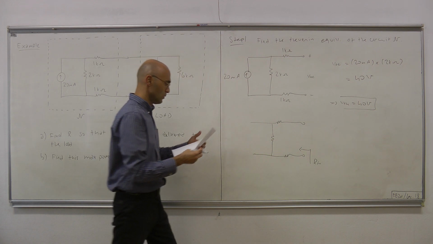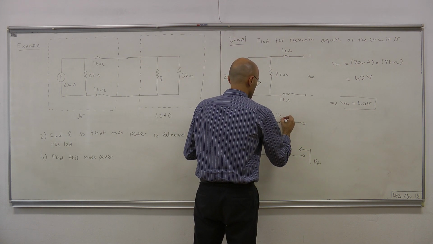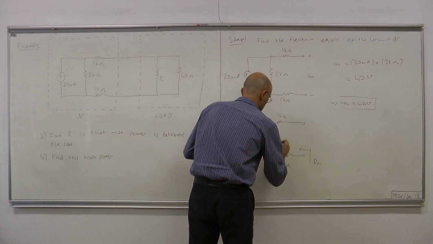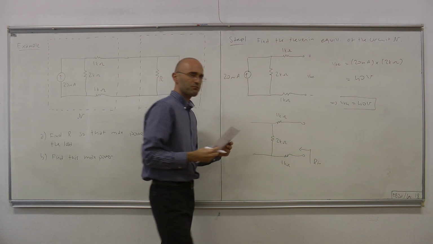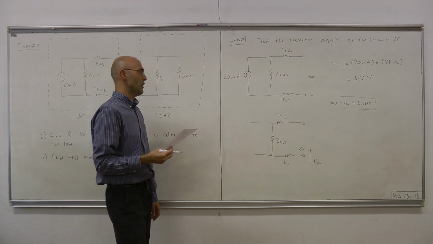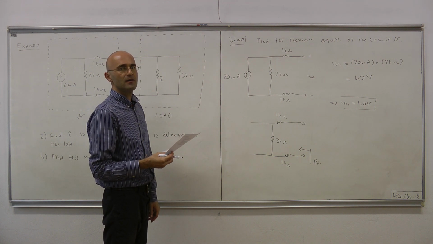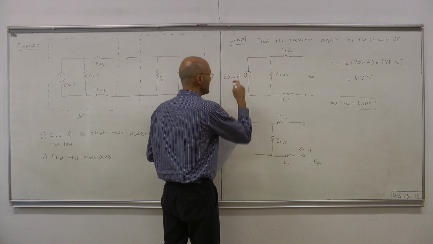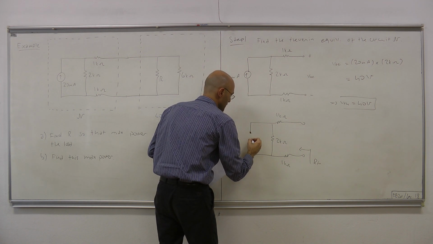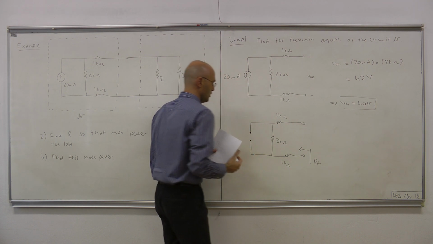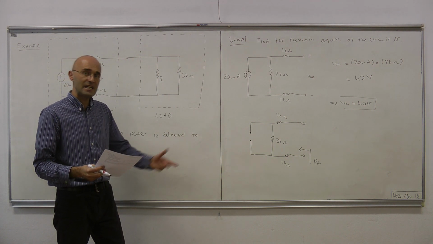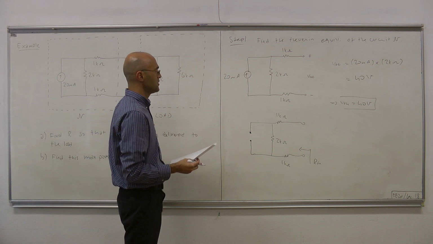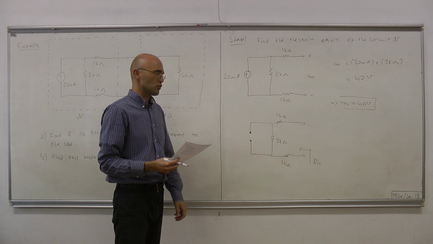Thevenin resistance equals the input resistance when all the independent sources inside the one port are killed. We have only a single independent source, this current source, and killing it means replacing it with an open circuit. Killing a voltage source, remember, means replacing it with a short circuit.